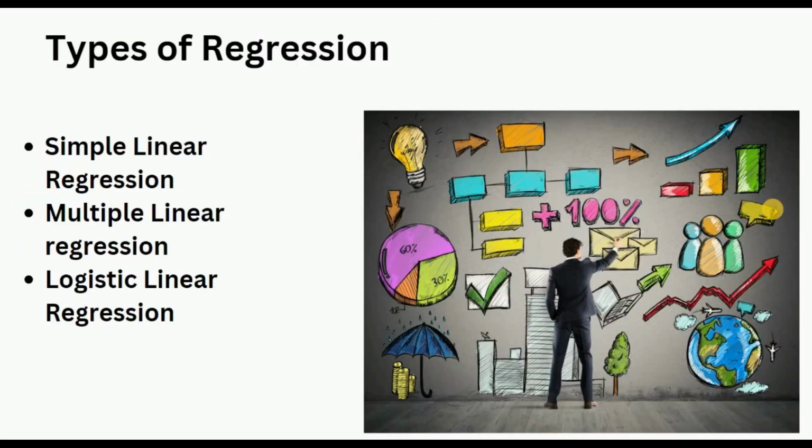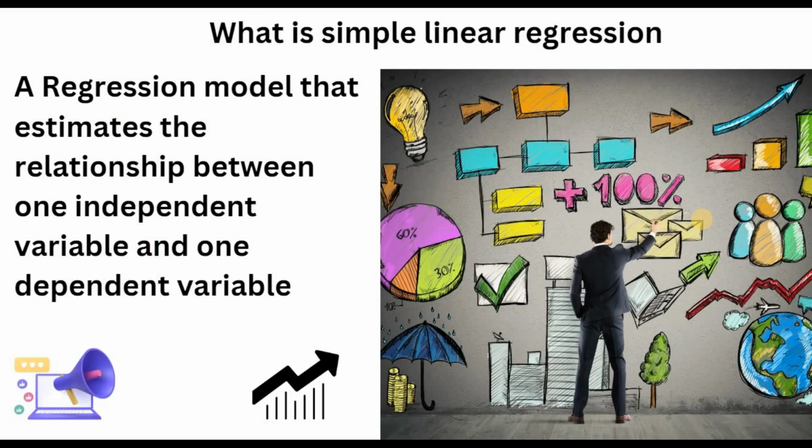From the above we can find out that we have three types of regression: simple linear regression, multiple linear regression, and logistic regression. Regression is divided into three types, and we will check them one by one. In simple linear regression we have only one dependent and one independent variable.